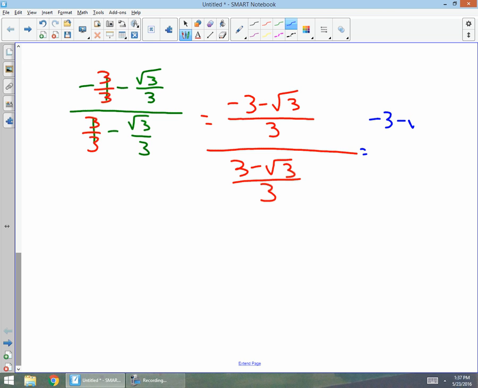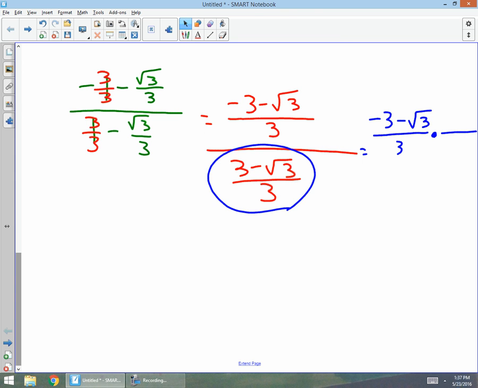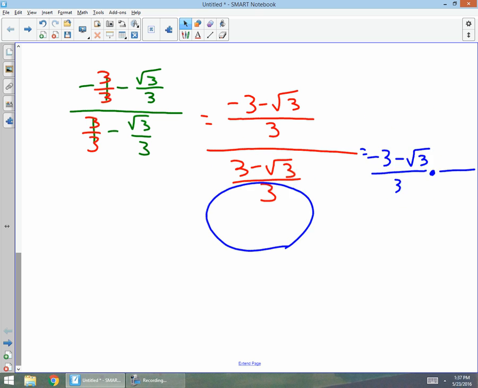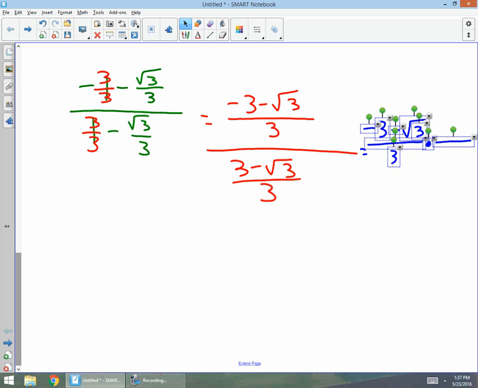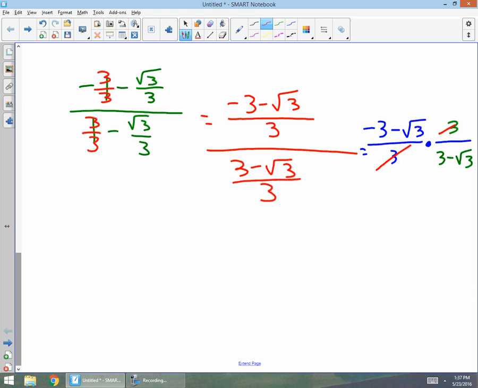The numerator stays exactly the same, and we're going to multiply by the reciprocal of the denominator, so it'd be 3 in the numerator now, 3 minus the square root of 3. And what happens with those 3's, and all of a sudden it's going to get a lot better here, they're gone, leaving us with -3 minus the square root of 3 over 3 minus the square root of 3.